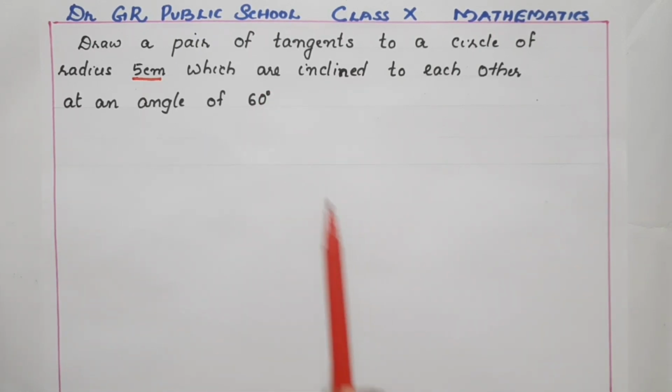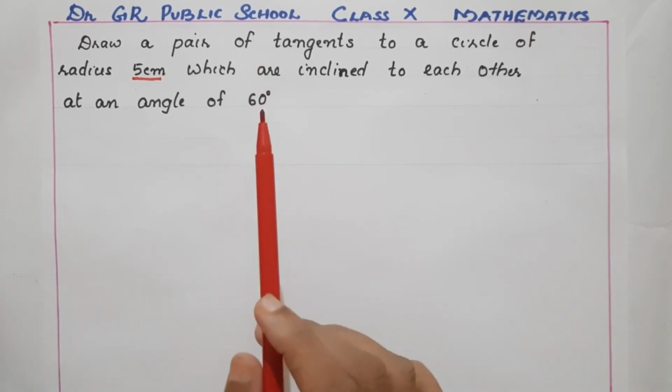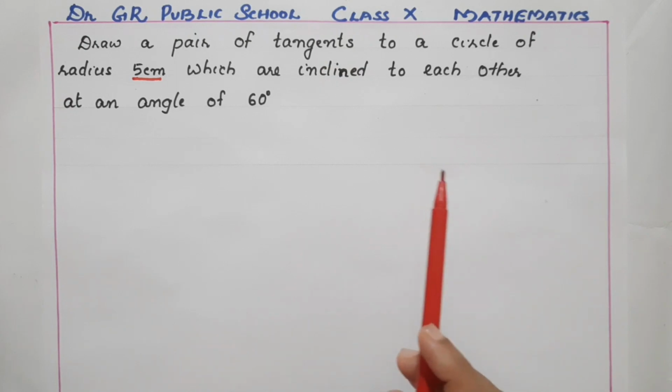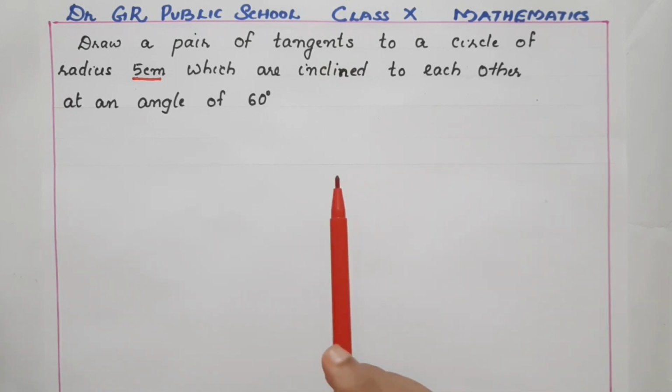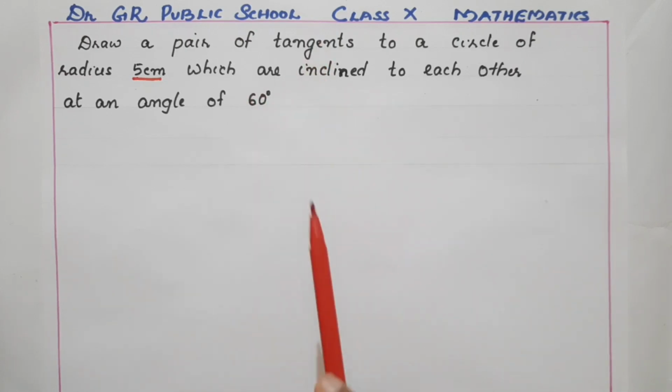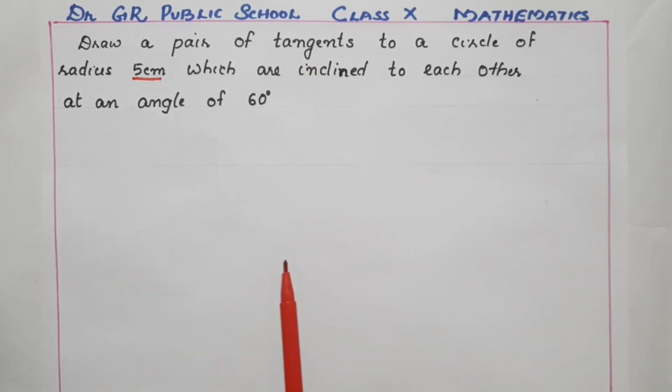That means two tangents can be drawn from an external point. So from an external point we can have two tangents. Then the angle between that two tangents is 60 degree. Like that we have to construct the pair of tangents to the circle.